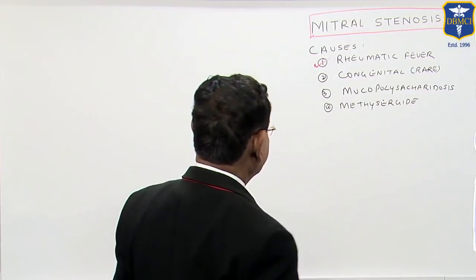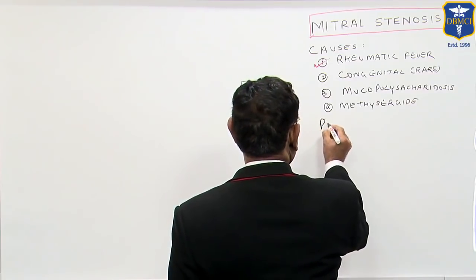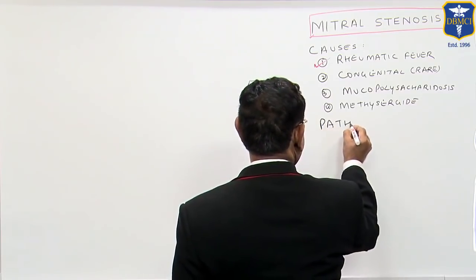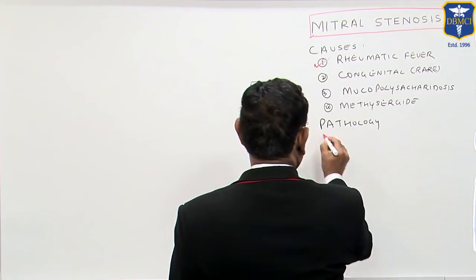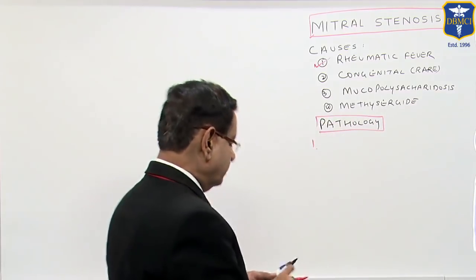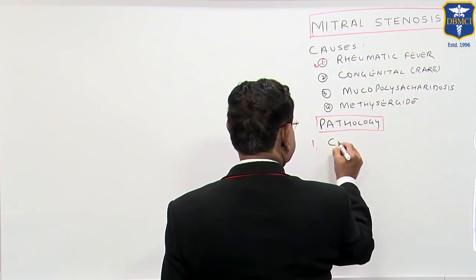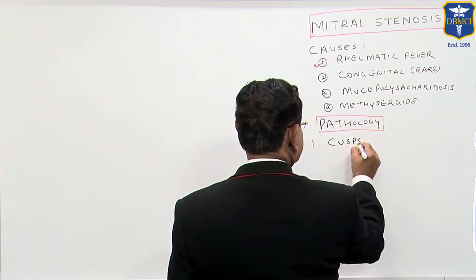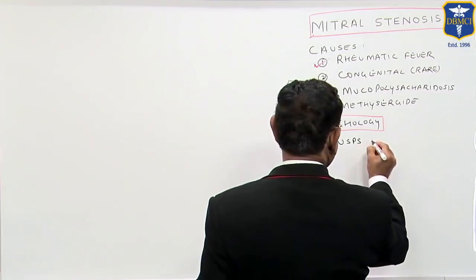Now, what is the pathology of this? Pathology. In this, the mitral valve cusps, or so-called leaflets, are thickened.